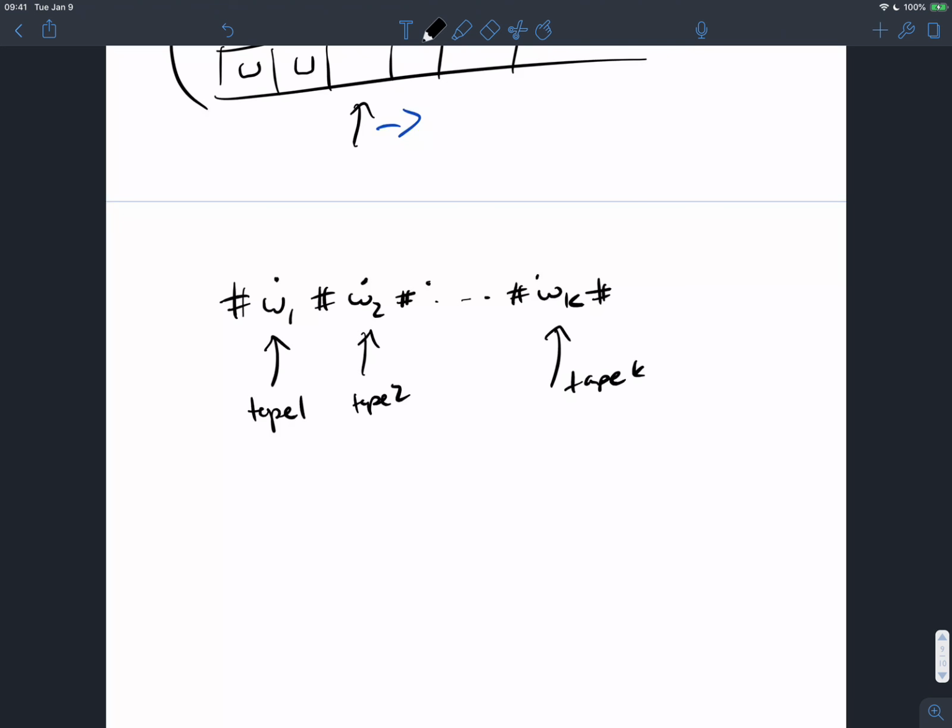We scan right through this long tape, then simulate the transition, figure out what the transition is, and carry it out. And then go all the way back, try again. Simulate another transition, go back, simulate, and that's it.